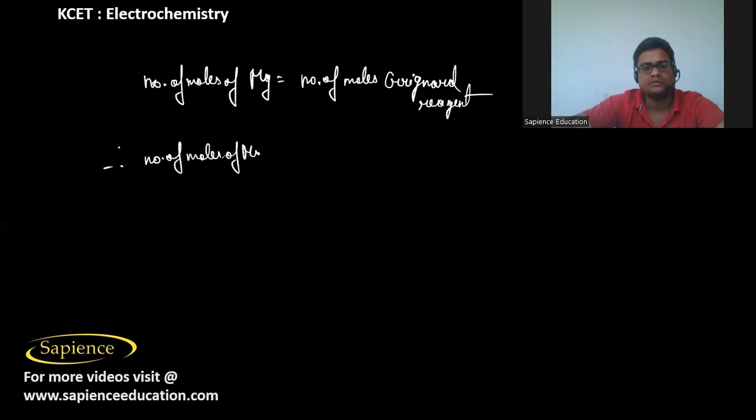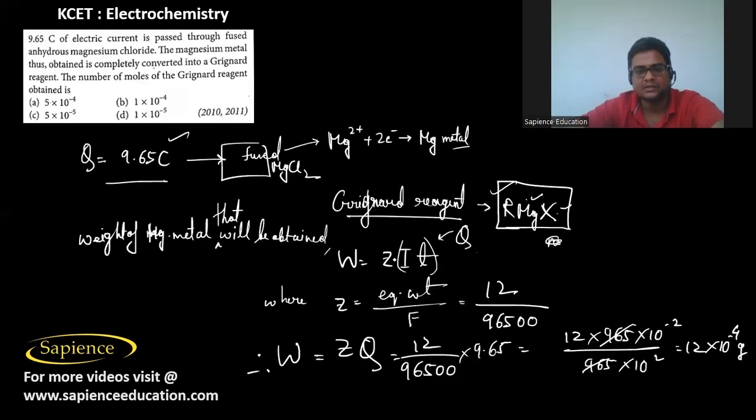So the number of moles of magnesium obtained will be equal to the weight of magnesium obtained divided by the molar mass, which is 24. Here, the valency factor for magnesium is 2, since it will gain 2 electrons; 1 mole of magnesium will gain 2 moles of electrons.